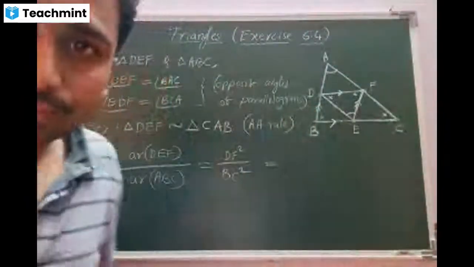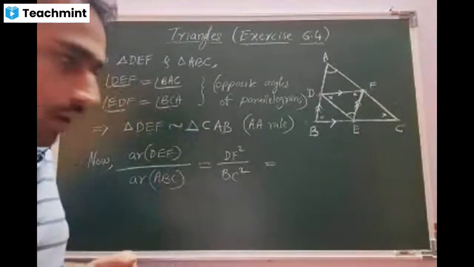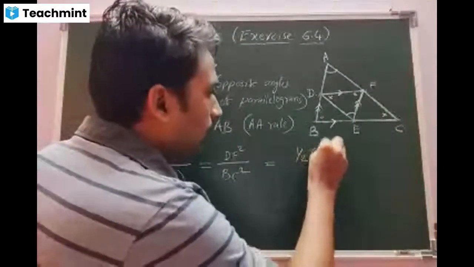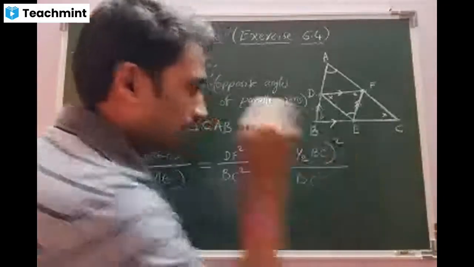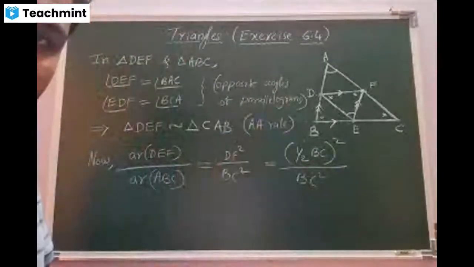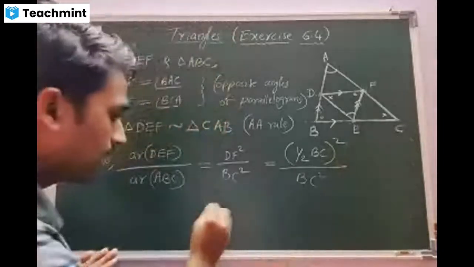Correct, beta? So DF as half of BC the whole square divided by BC square. The reason: midpoint theorem. Am I right, beta?